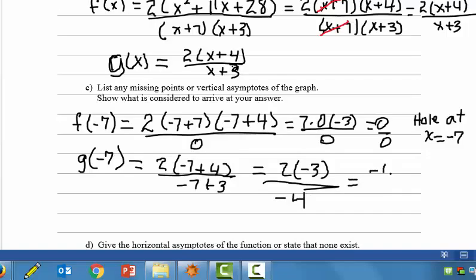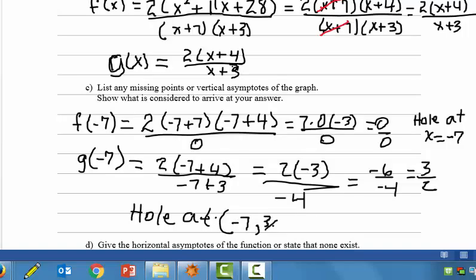So I have negative 6 over negative 4. If I divide both of these by negative 2, I get 3/2. So I have a hole in the graph, if I were to graph this, at (negative 7, 3/2).